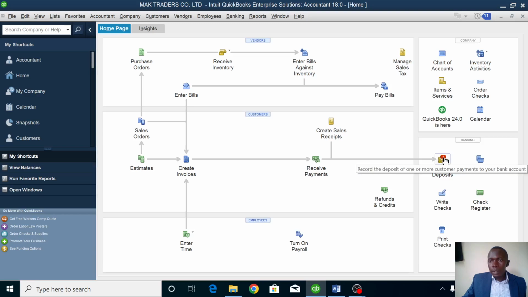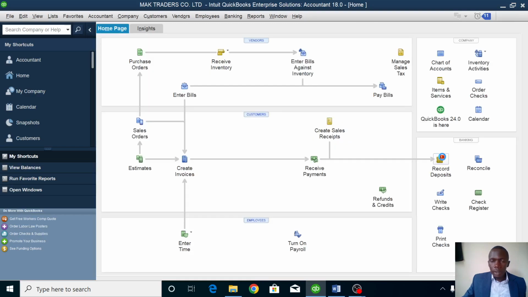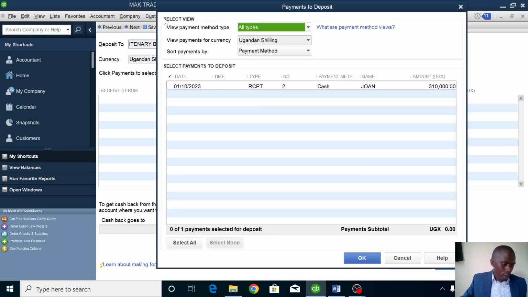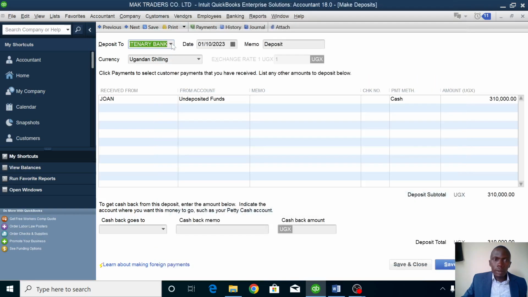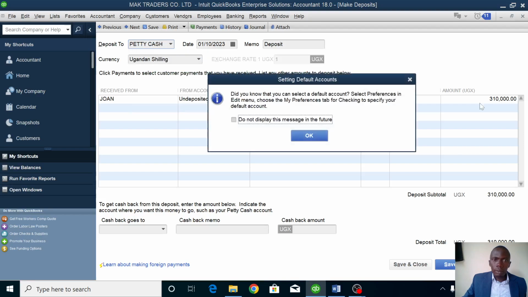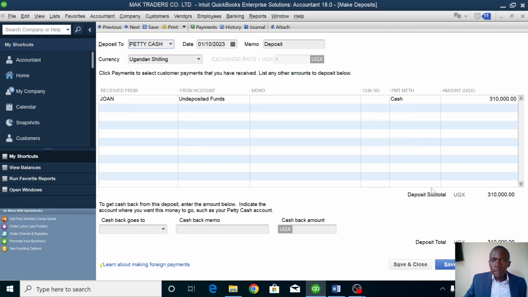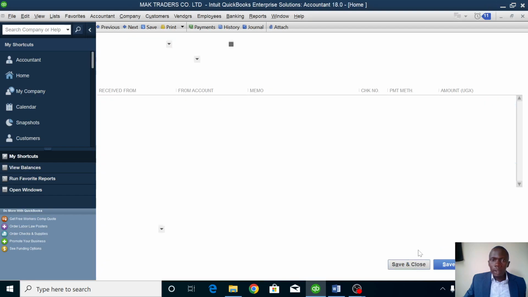So we are seeing our notification. So we think it was not banked, so we put it under petty cash. We change here, put it petty cash. We say okay. We save and close.